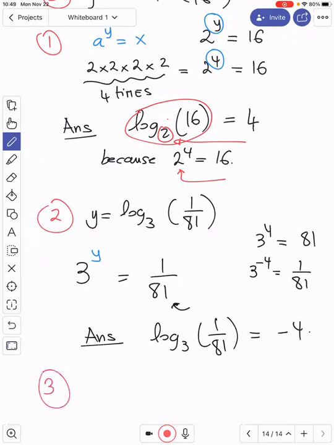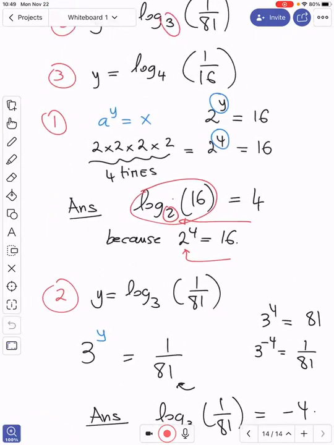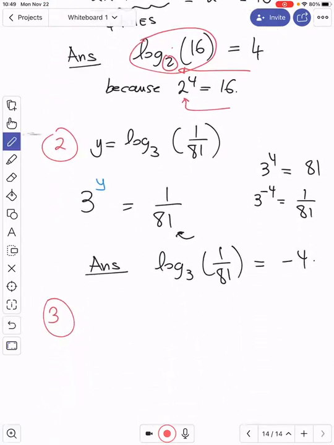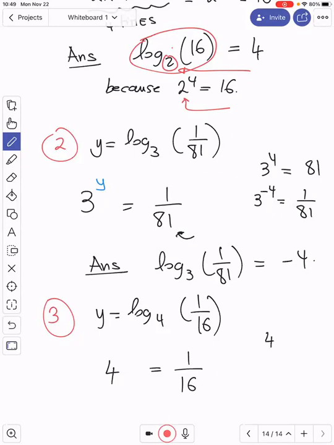Number 3 is log in base 4 of 1 over 16. So Y is log in base 4 of 1 over 16. For which power of 4, that's your base, are you going to get 1 over 16? You know that 4 times 4 is 16, 4 squared is 16.